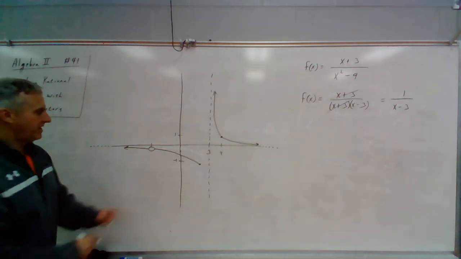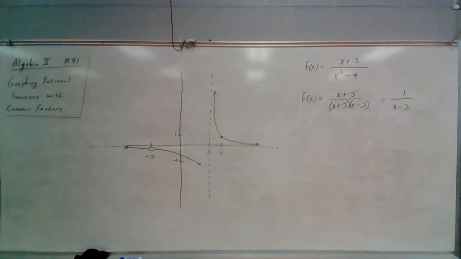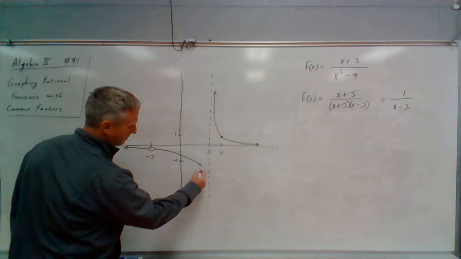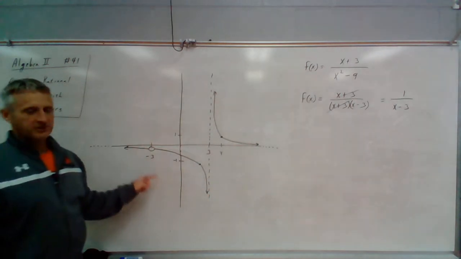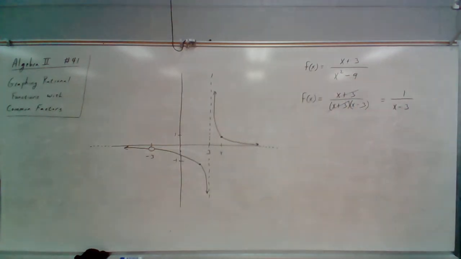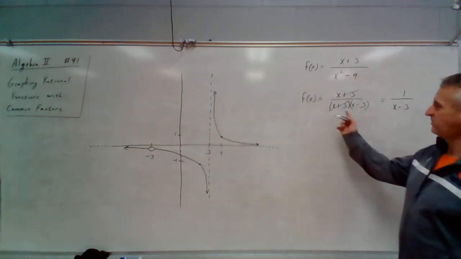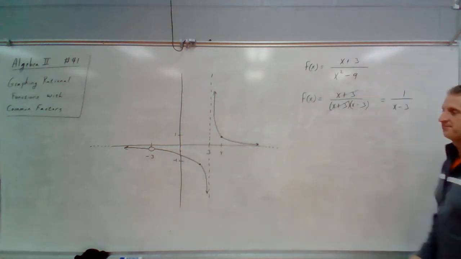So there's a hole in my graph here at negative 3. And of course, this will go just like that. All right, so my graph looks exactly like this graph would look, except for one spot where we cancel those out at negative 3, and there's a hole in the graph there.